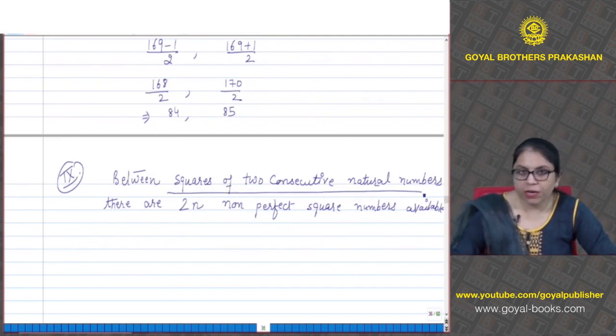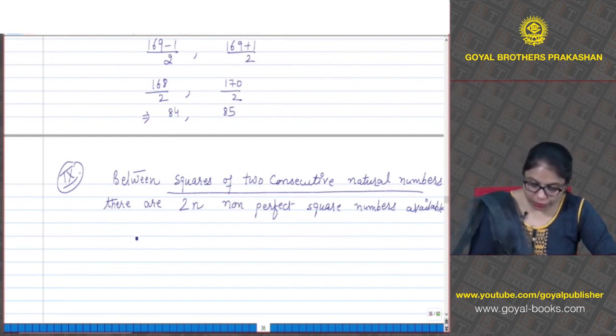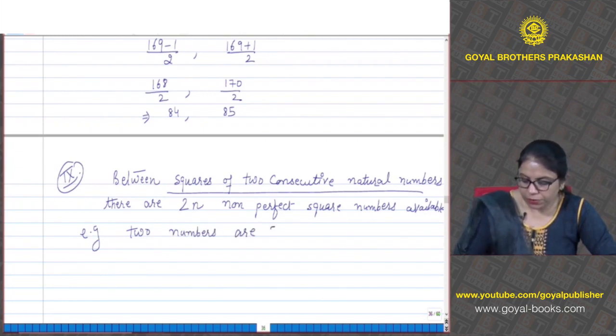First of all, we will take two consecutive natural numbers. Suppose I am taking two numbers, 5 and 6. These are the two numbers.